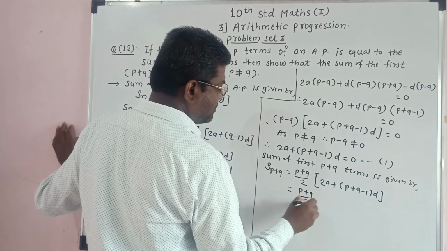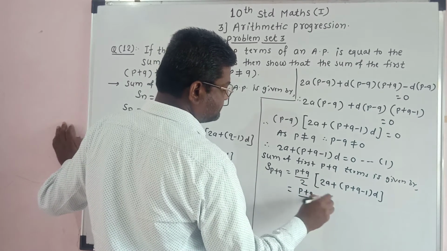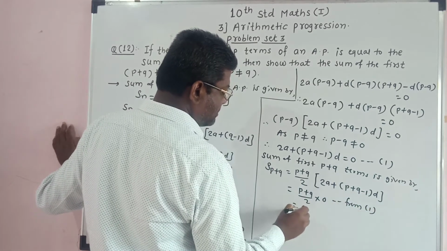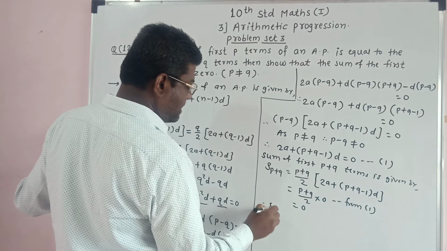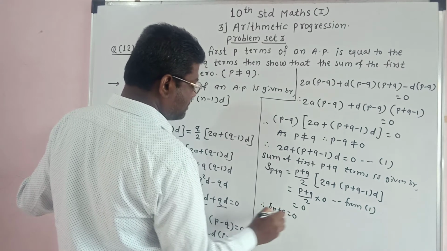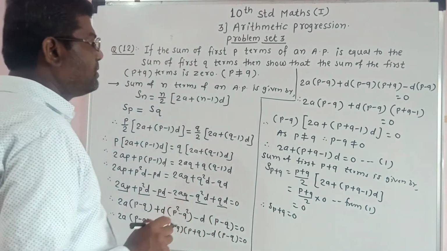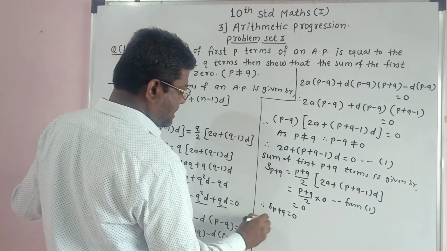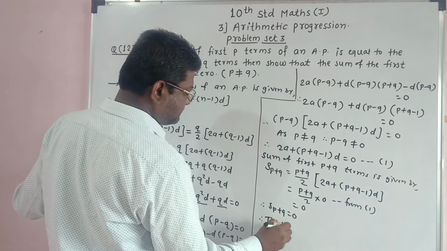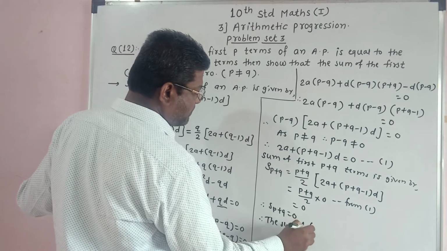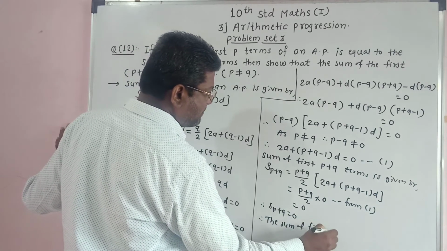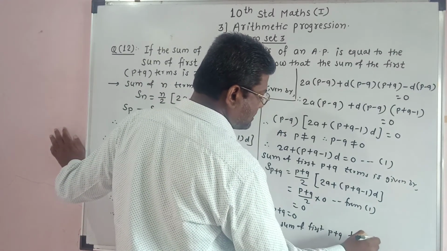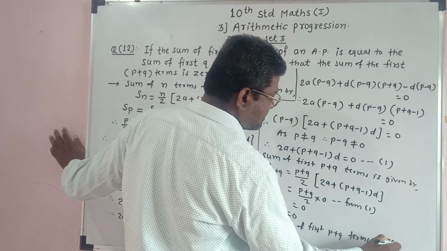Therefore p plus q into 0 from equation 1 is equal to 0. Therefore S p plus q is equal to 0. Therefore the sum of first p plus q terms is 0.